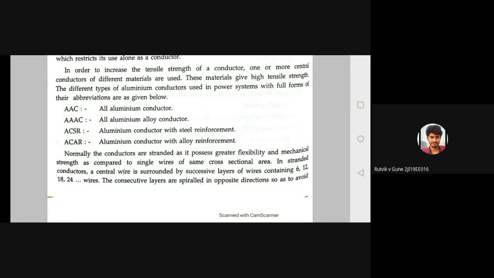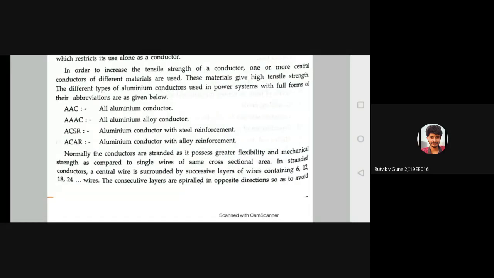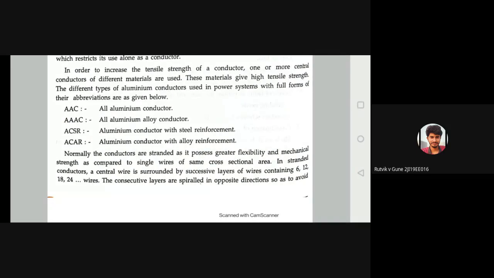Normally, the conductors are stranded as it possesses greater flexibility and mechanical strength as compared to single wires. We do not use single wires. We use many of them bunched together. In stranded conductors, a central wire is surrounded by successive layers of wires containing 6, 12, 18, 24, like this.